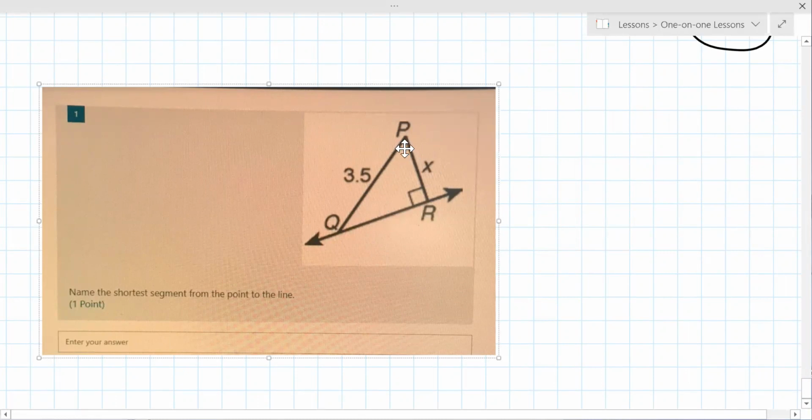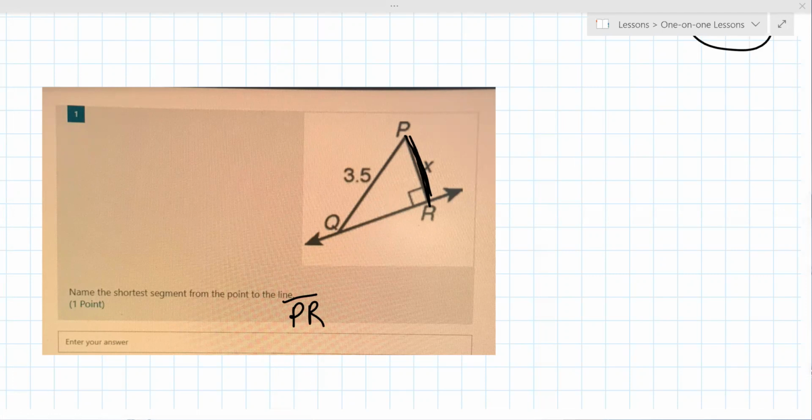So I think it wants X. It's asking for this. Name the shortest segment from the point to the line. It's segment PR. I think we would need to know this value to calculate X. Unless there's more to it here, I'll look ahead to the next question. Does it look like there's a way to write an inequality for X?